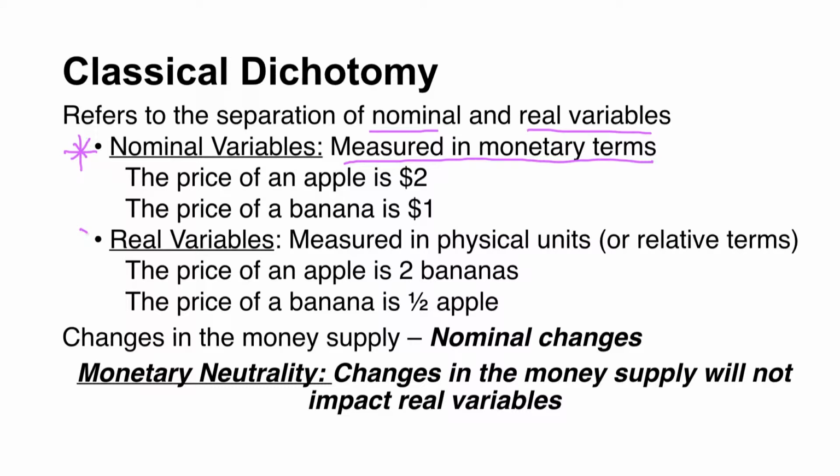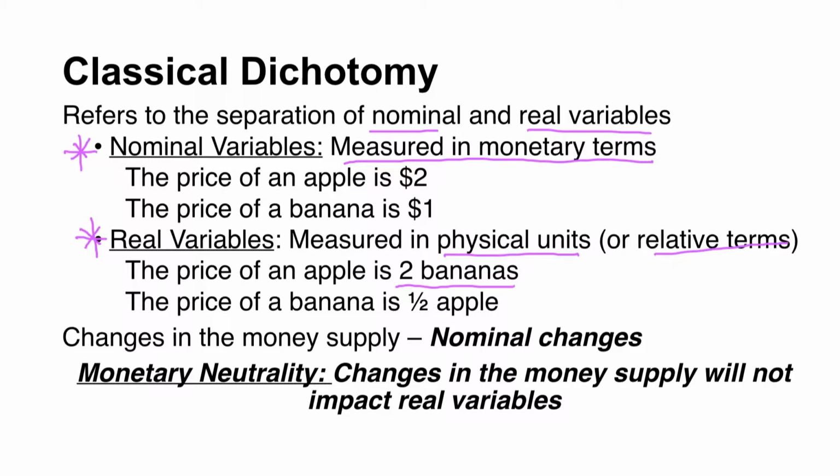On the other hand, if we look at real variables, we talk about this in terms of physical units or in relative terms. So in other words, the price of an apple would be in relative amount of bananas that you could buy in place of that apple. So the price of an apple would be 2 bananas. If you bought 1 apple, you'd have to give up the opportunity to buy 2 bananas. On the other hand, 1 banana would cost you half of an apple.